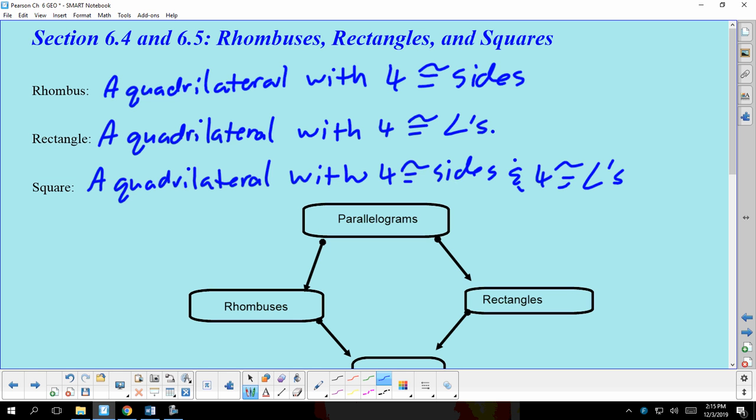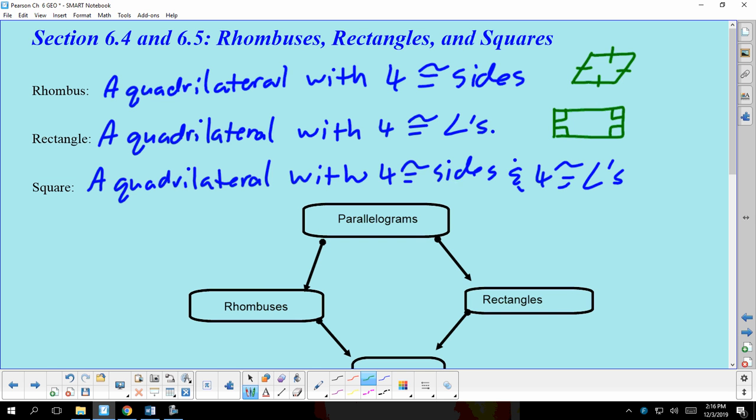A rhombus can be drawn like this, and we'll note that all sides are congruent. A rectangle is drawn like this with 4 congruent angles.